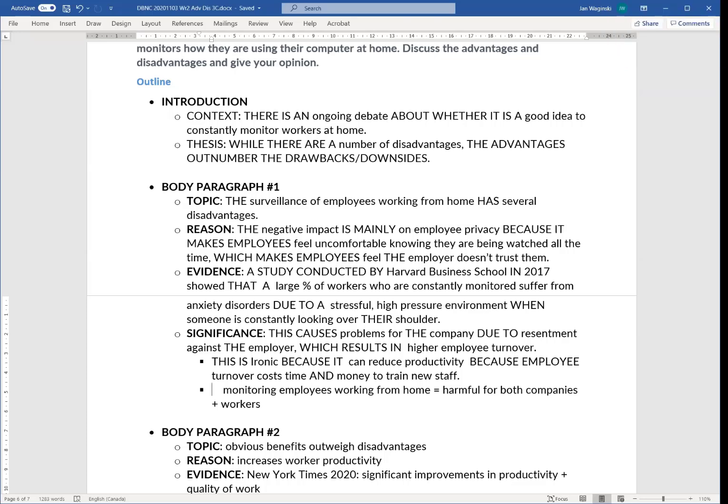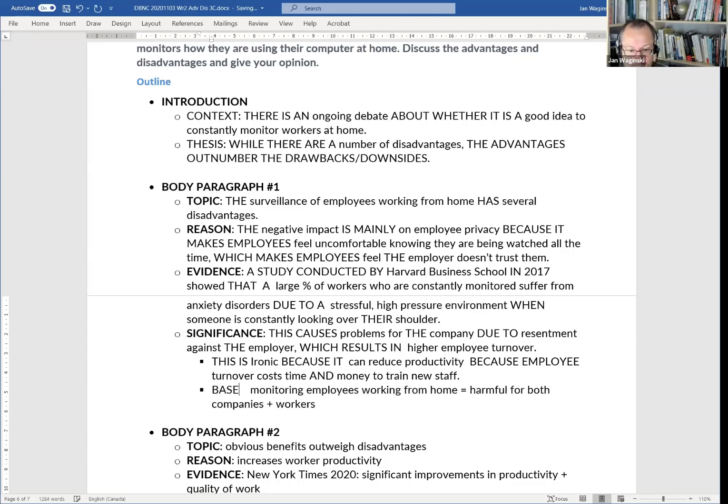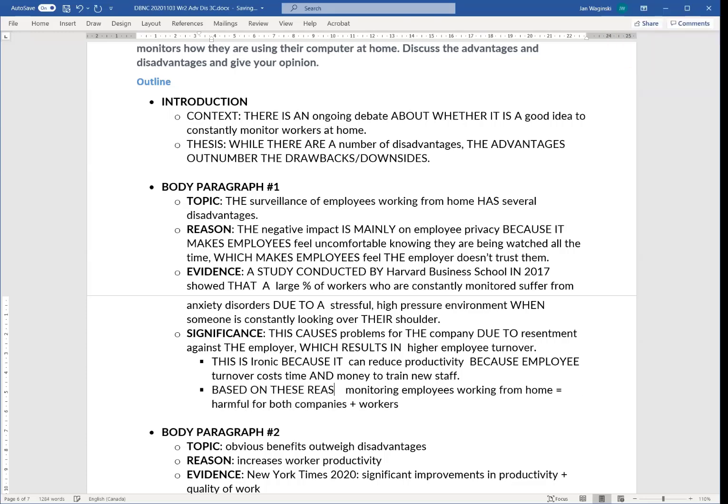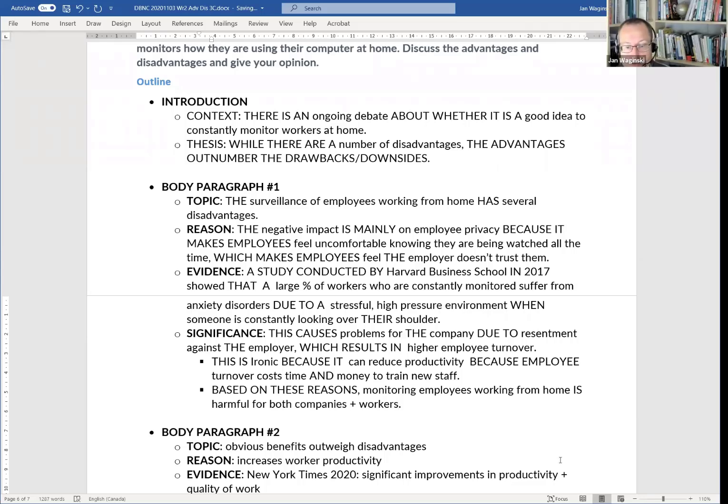Okay, so we can say based on these reasons, monitoring employees working from home is harmful for both companies and workers. That's it. And I use the equal sign to mean the verb to be. Present, past, future, perfect. Just use equals. Very nice.